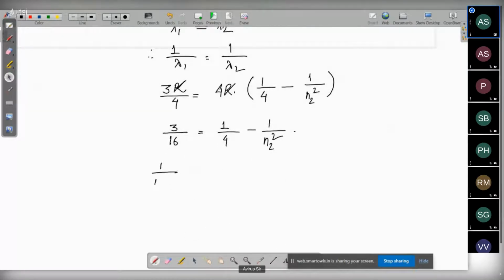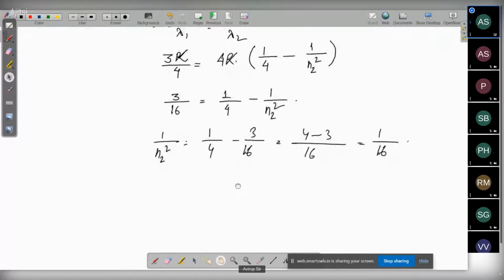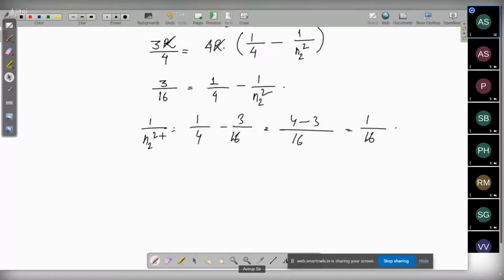So 1 by n2 square is equal to 1 by 4 minus 3 by 16. 16 is the LCM: 4 minus 3, 1 by 16. Now you can easily find out the value of n2. So 1 by n2 square is equal to 1 by 16.